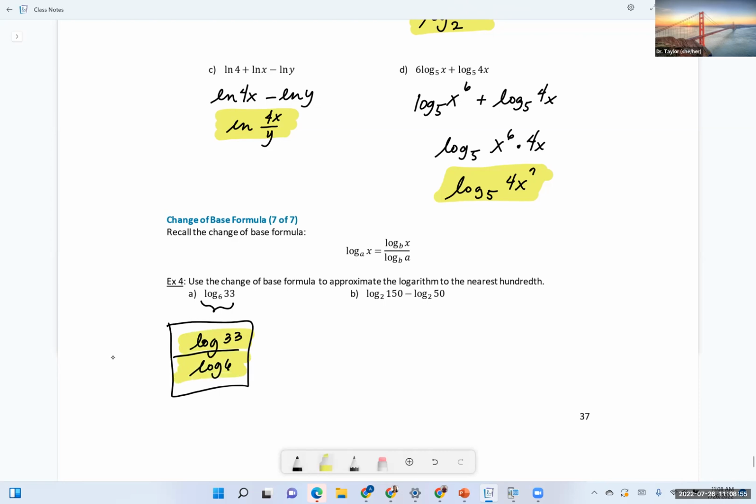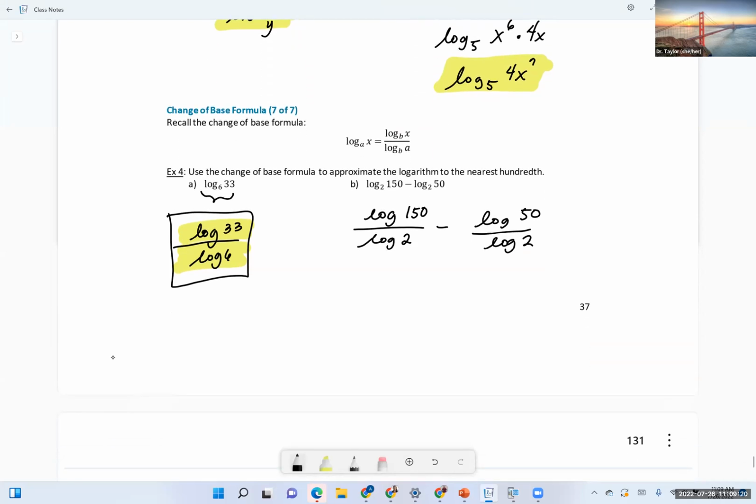Okay. With this one, we say log base 150 divided by log 2 minus log base 50 over log base 2. And this just means division, like this over this. So this is log base 150 divided by log base 2 divided by log base 50 over log base 2.